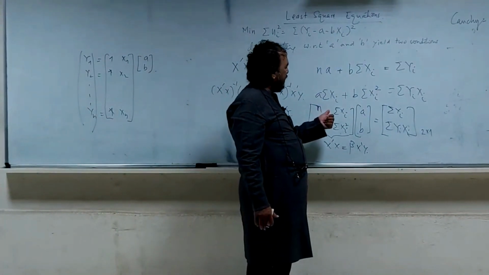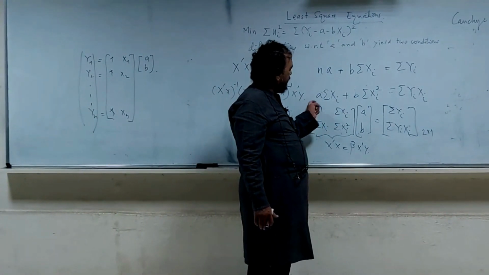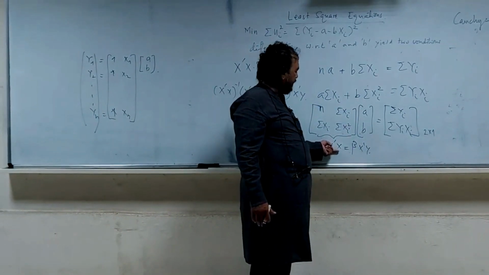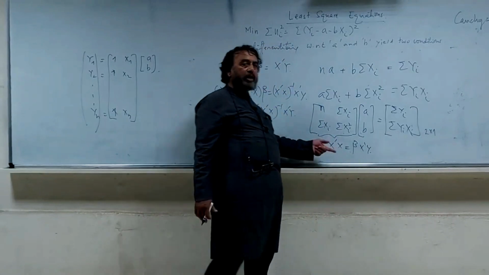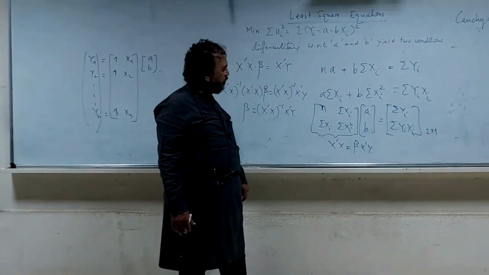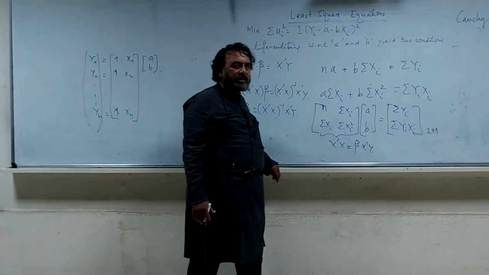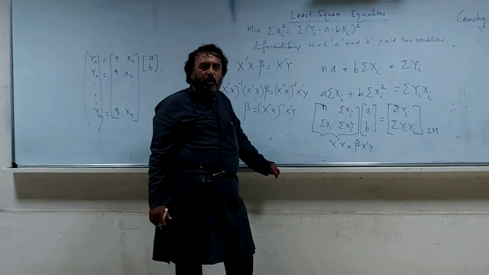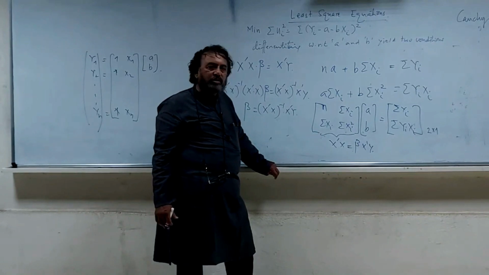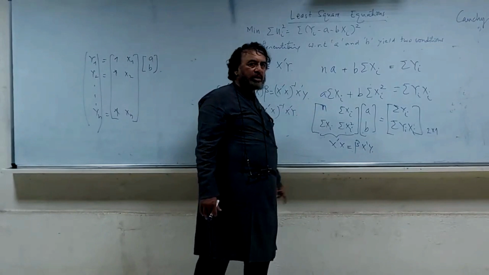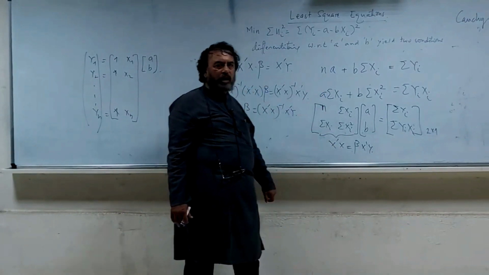This kind of matrix, x transpose x, has certain peculiarities. When we deal with the multivariate generalization, it becomes relatively easier. But as you can notice from here, it is possible to get summation xy negative, but you can't have n negative. You cannot have summation xi squared negative. So this is a matrix which is symmetric in nature and which has all its diagonal elements positive.